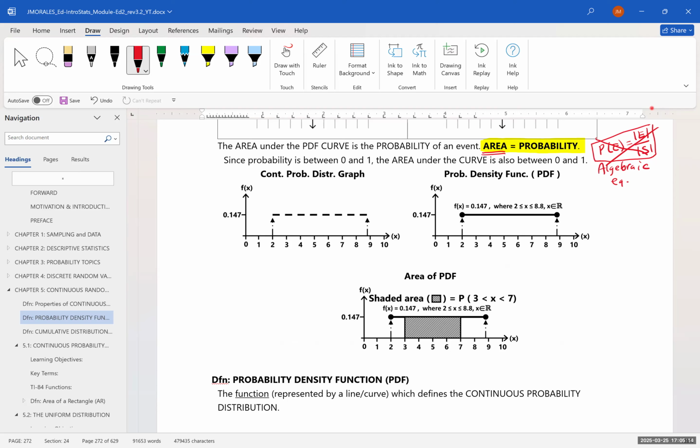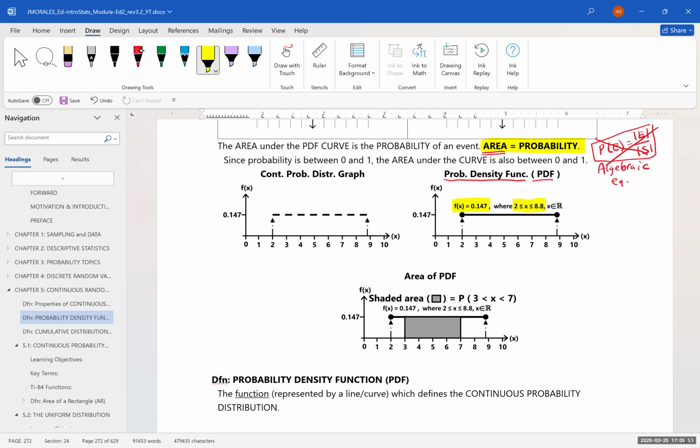So what we've got here is called a probability density function, or a PDF. This probability density function is an algebraic equation that describes the probability of certain events. Okay, so here our probability density function is this equation right here. f of x equals 0.147, and it's for values of x between 2 and 8.8.